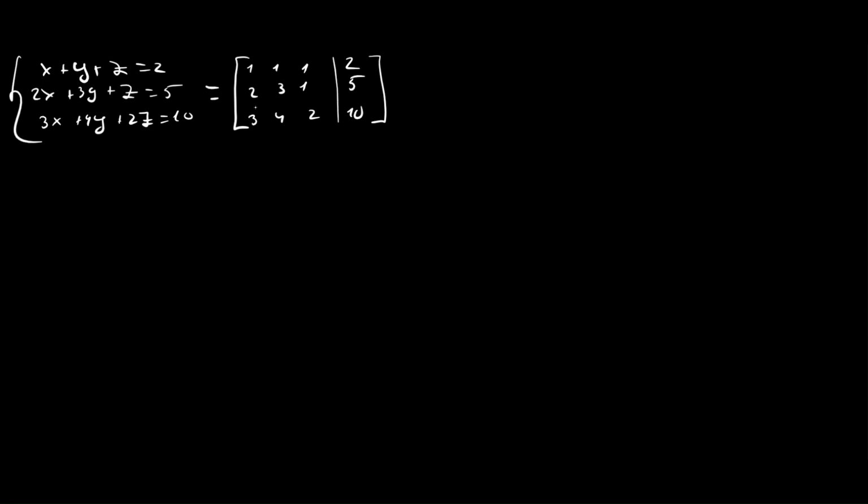Perfect. And the next step would be getting 0 numbers below the pivot number in column 1. So we're gonna subtract row 1 from row 2.